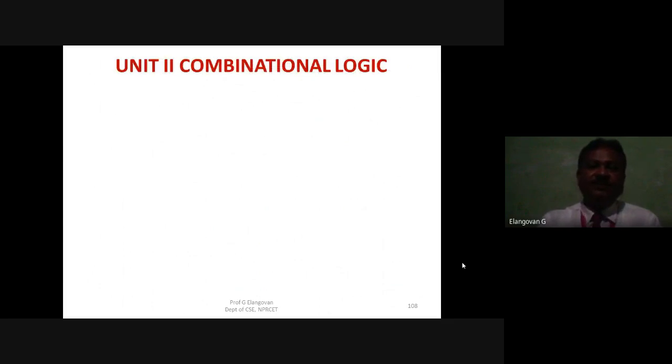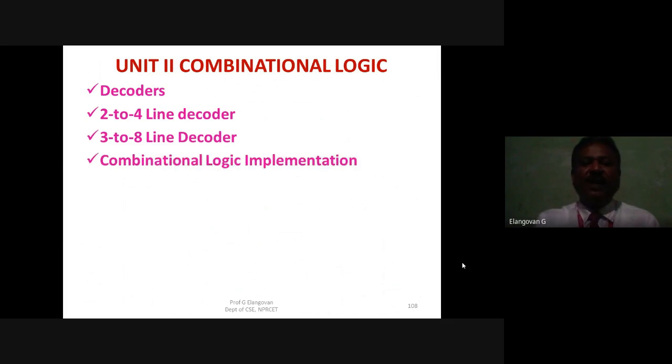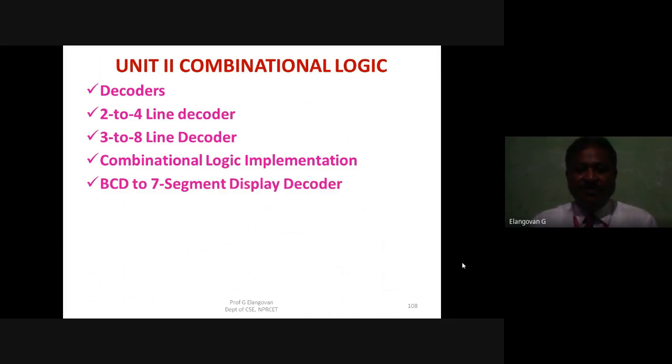So students, in today's video, you understood about decoders, with examples of its models, the 2 to 4 line decoder, 3 to 8, and from the lower version, how to design the higher version decoders, and how to implement combinational logic from decoders and BCD to 7 segment display drivers.